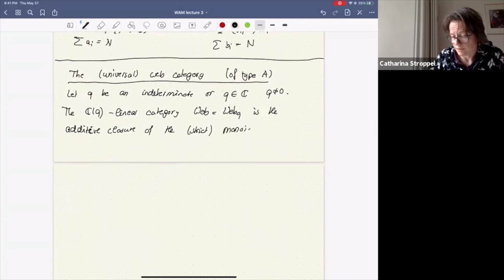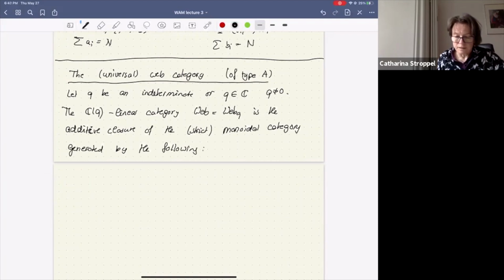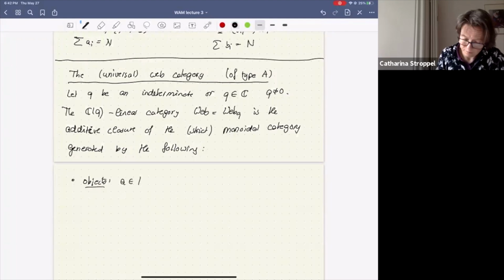So it's a monoidal category where we add formally direct sums. And I have to tell you what generates this monoidal category. So the objects are generated by natural numbers. That means an object is really a finite tensor product of natural numbers.